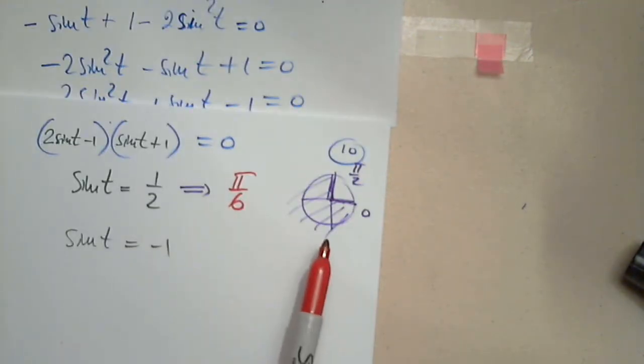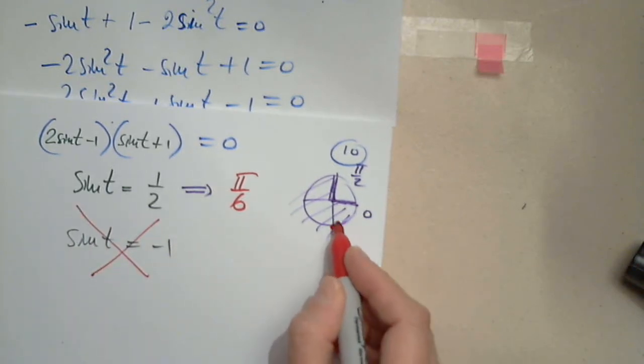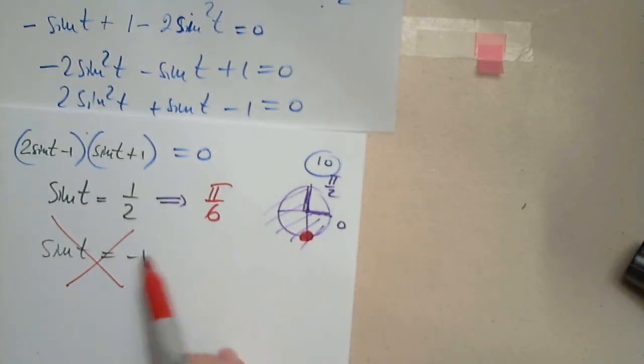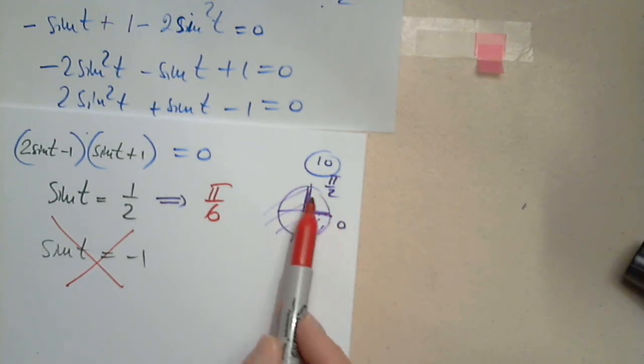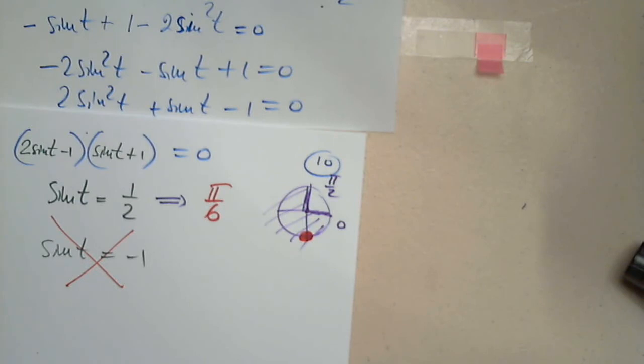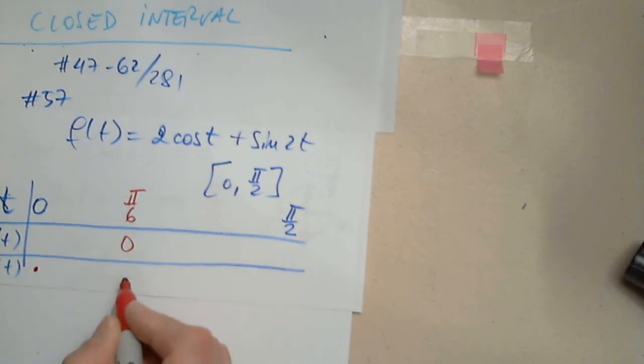Is there an angle in the first quadrant whose sine is negative 1? No. Sine is negative 1 here. Sine of 3 pi over 2 is here, which is not in between 0 and pi over 2, so nothing else. Good.